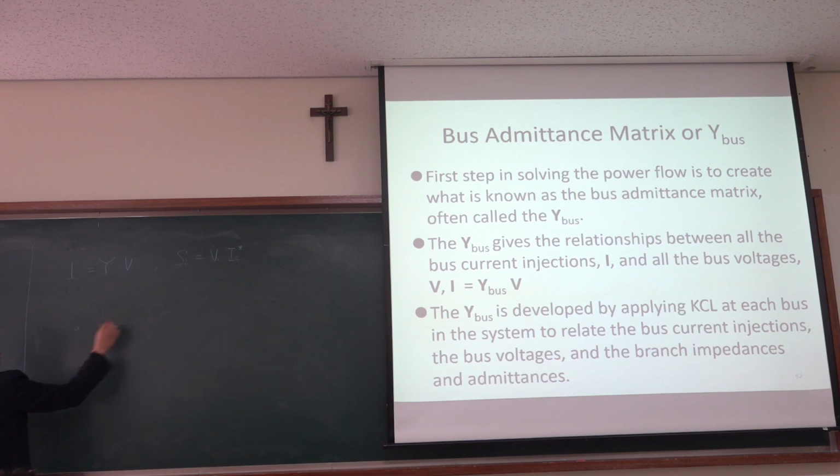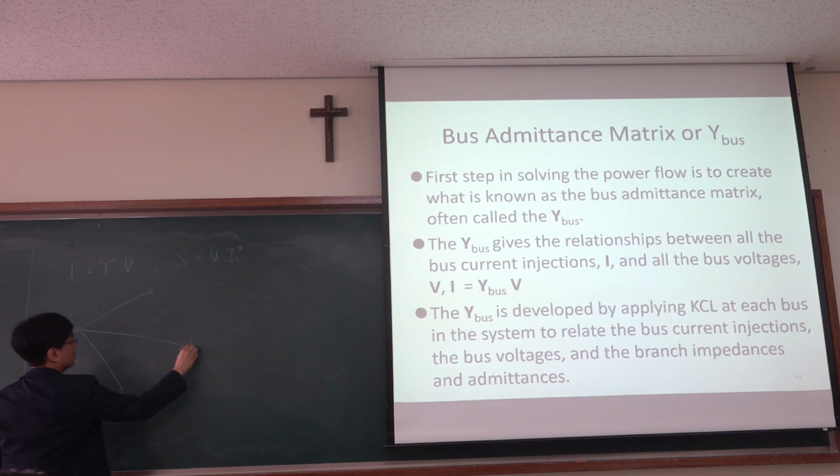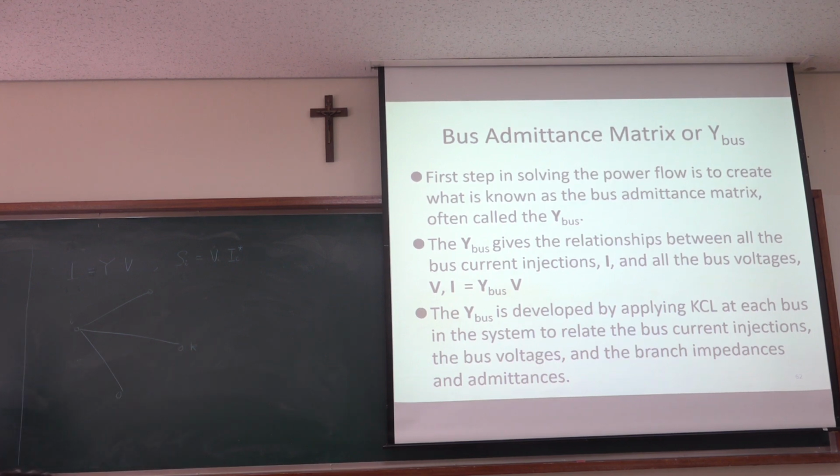So suppose that we have a node like this, and they are connected like this, like that. The node index is I here, and this node index is K. Here I is actually a vector; suppose that we have n nodes, and I sub I is the current injection from node I into the network.